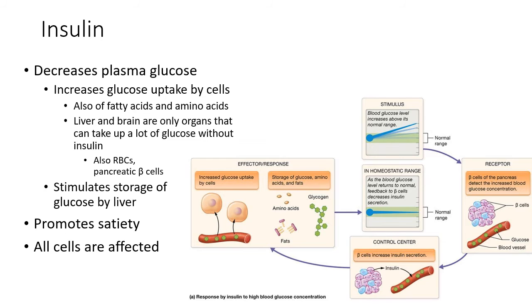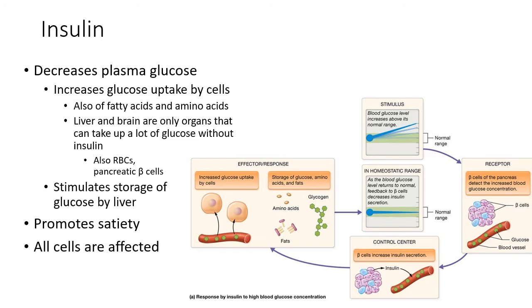It'll also increase the uptake of fatty acids and amino acids from the blood. Every cell is able to get some blood sugar without insulin, but most cells in your body can't get as much as what they need to run themselves without insulin. There's a few exceptions to that.